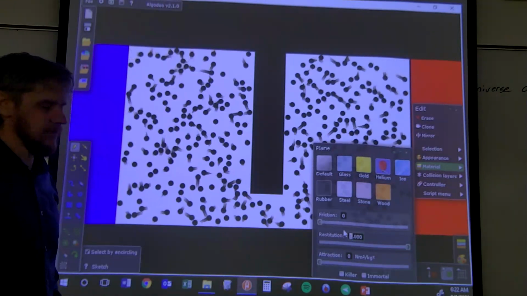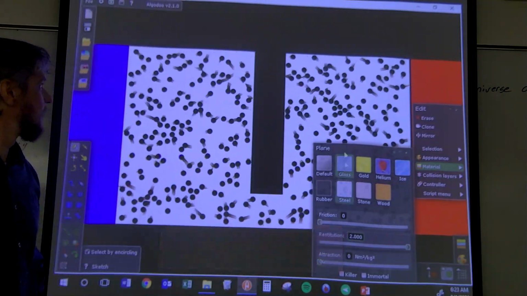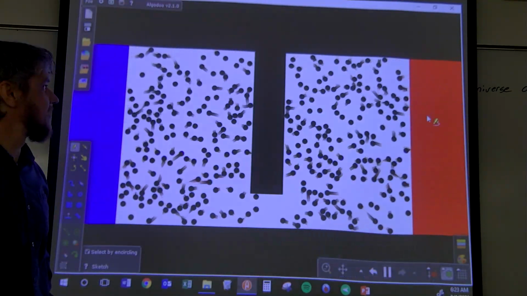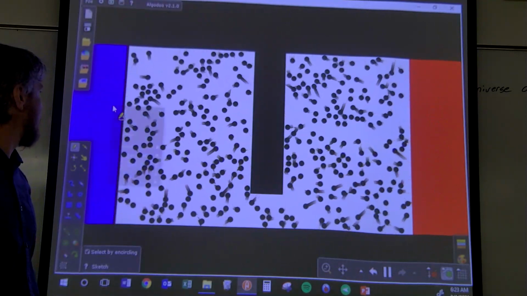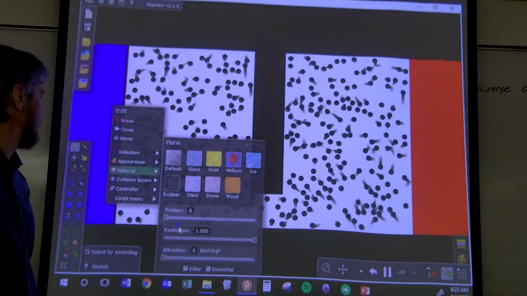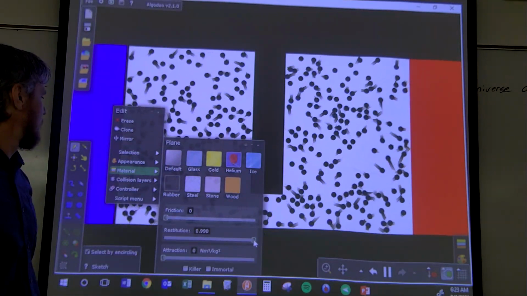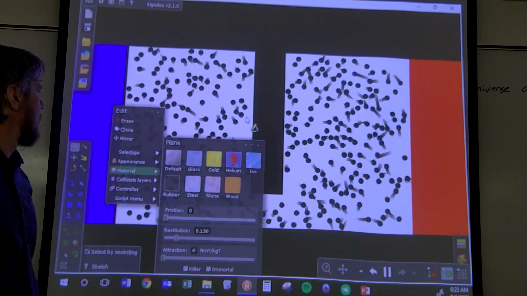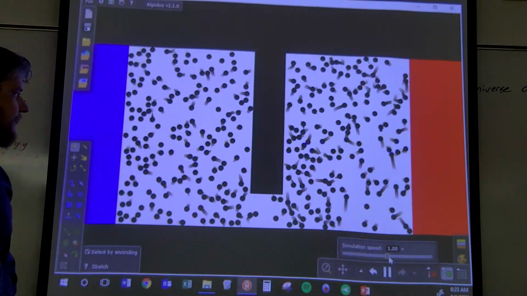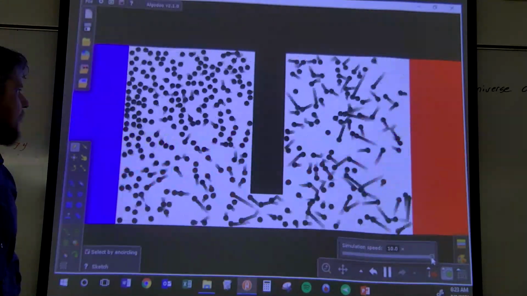I can increase that to say 2, so I'm essentially increasing the temperature of the red here. And then I can decrease the temperature over here. Then over time, let's let it play a little bit.